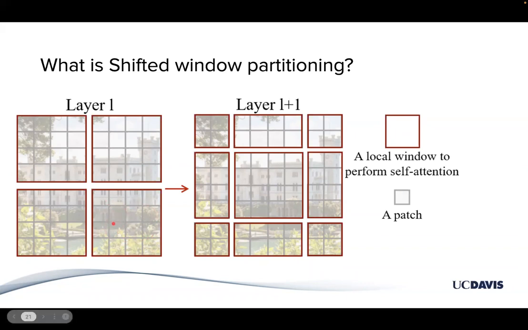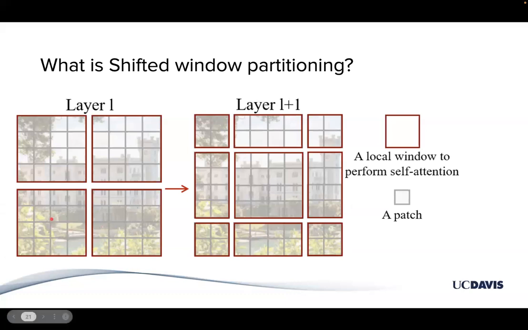So to introduce cross-window connections while maintaining efficient computation of non-overlapping windows, the paper proposes a shifted window partitioning approach, which alternates between two partitioning configurations in consecutive Swin Transformer blocks.